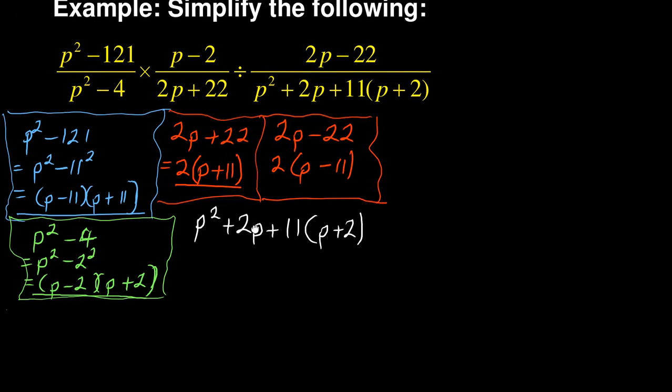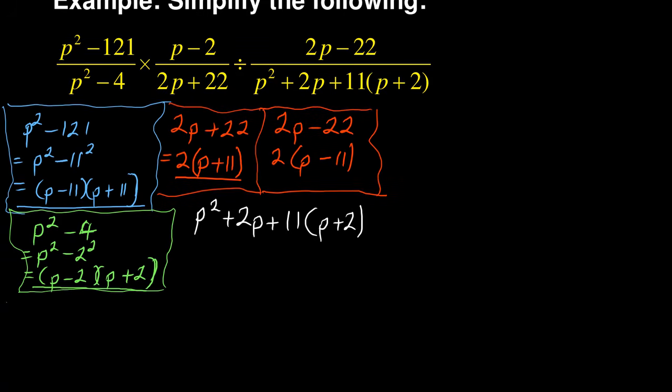Let us look at the first two: p squared plus 2p. I have got p common there. Now p into p squared is p, plus p into 2p is 2, plus 11p plus 2.